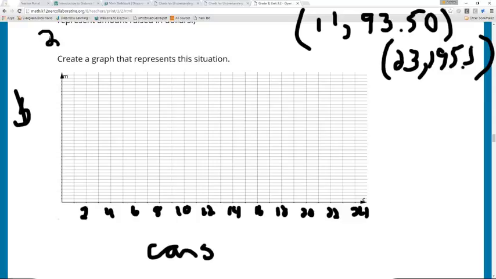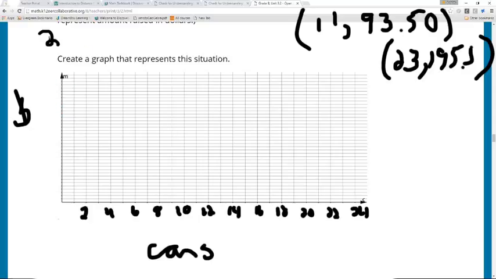I'm thinking that I might want to go by fives. 5, 10, 15, 20, 25, 30, and so on up to 100, 105, 110, and so on up to 160. Yeah, I think I can do that.